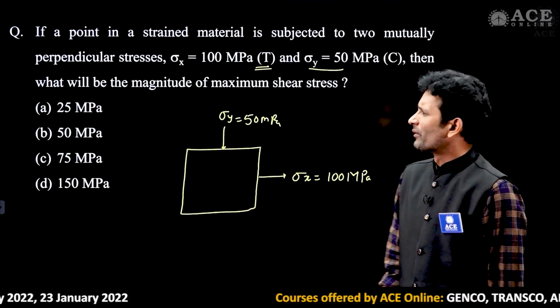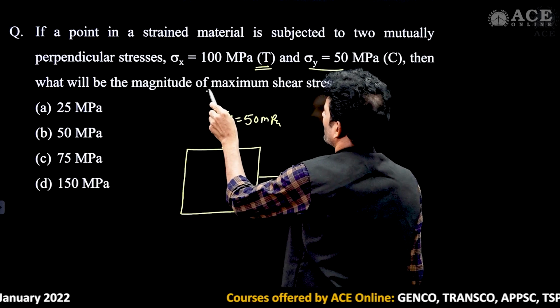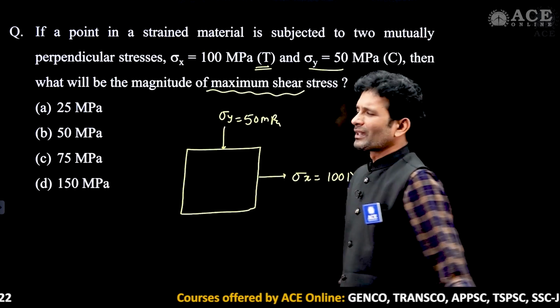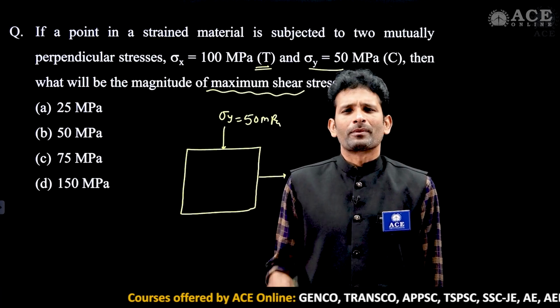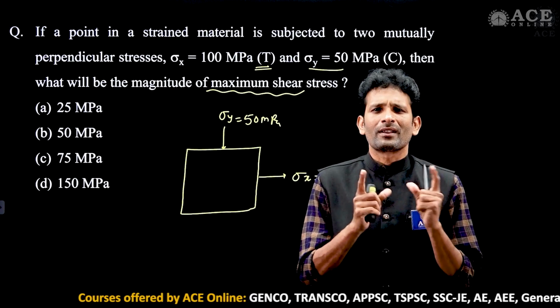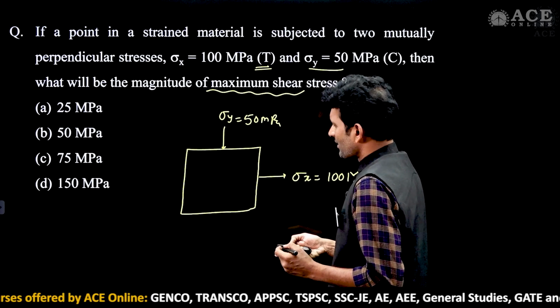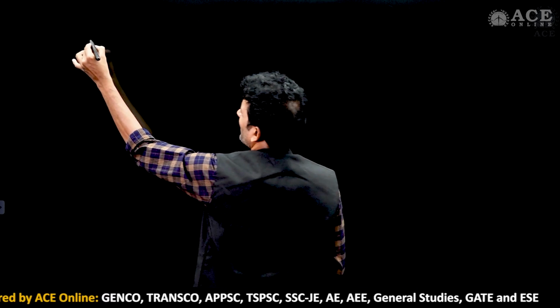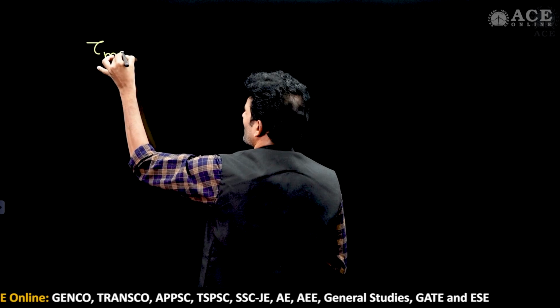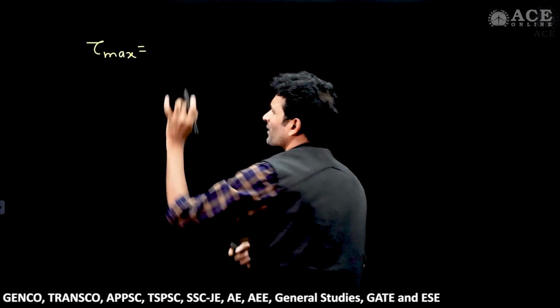What we required? We required the magnitude of maximum shear stress. Again, this question is from the concept of principal stresses and strains. Straightforward question. What is the maximum shear involved? The magnitude of maximum shear stress.